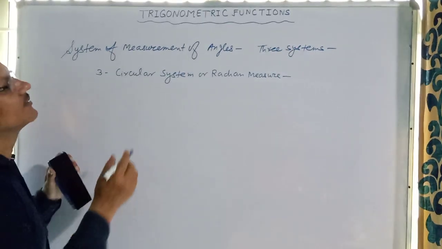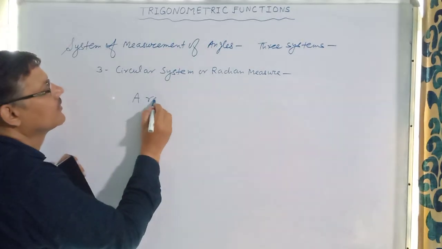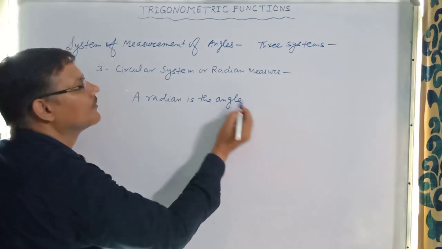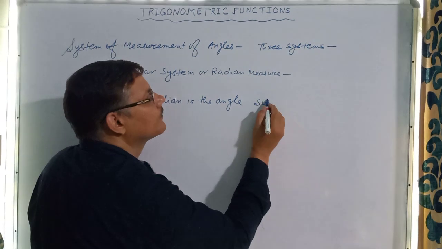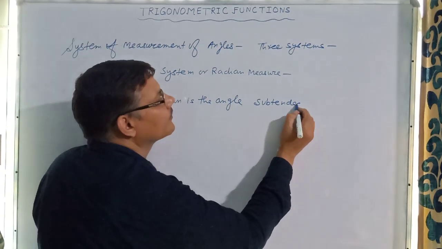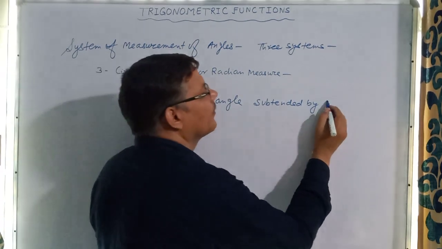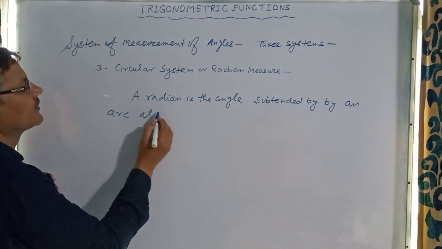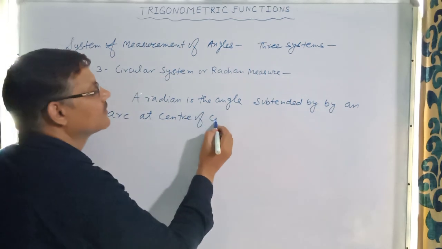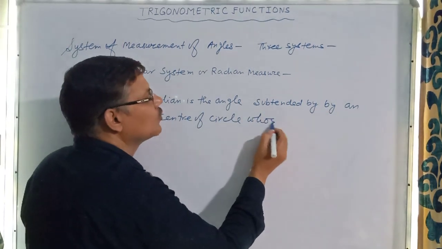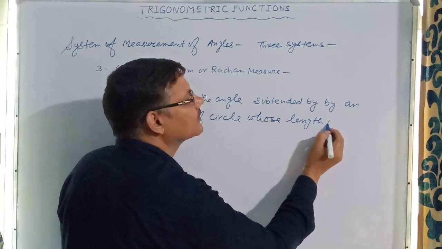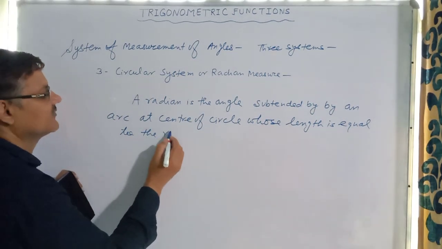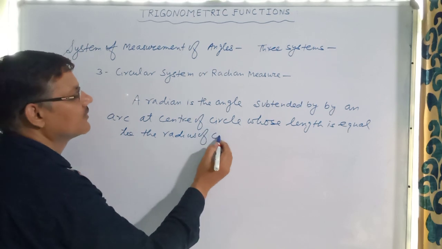A radian is the angle subtended by an arc, a special arc, at the center of a circle whose length is equal to the radius of the circle.